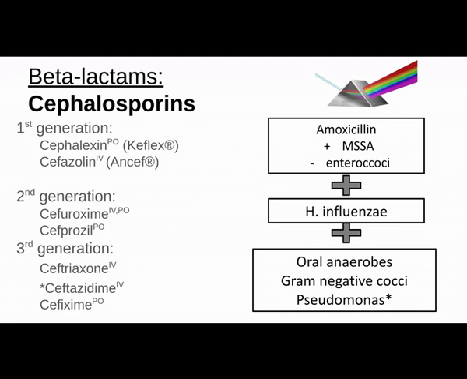So we use a second generation when we have a strong suspicion of a PEC organism. By the third generation, we get to really specialized molecules that were developed for a specific purpose. Ceftriaxone is a multi-purpose hospital workhorse. Fortunately, it doesn't have Pseudomonas coverage, or unfortunately, depending on your viewpoint.